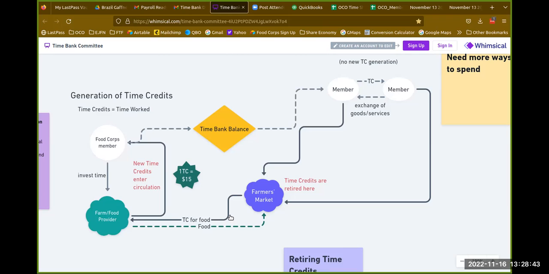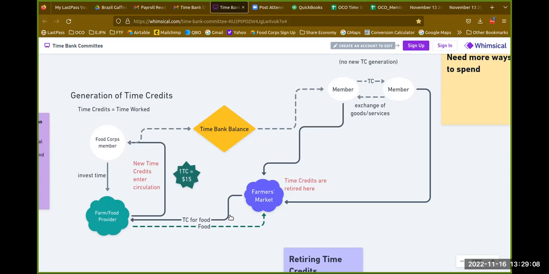Yeah, I think I can. Okay. Yeah. So for example, Mount Wolf Farm. Last year, the Food Corps worked a total of 8 hours on Mount Wolf Farm. So that means that Mount Wolf owes 8 time credits to the Food Corps members as a whole, yeah. Right?